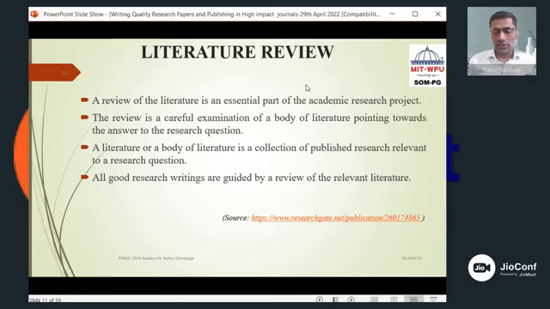This particular section creates an impression about your paper, about how extensively you have referred to the research already carried out by other researchers in your domain, maybe in the last 10 years, 15 years, 20 years. So you can specify the number of years for which you have referred to different journals and research articles.